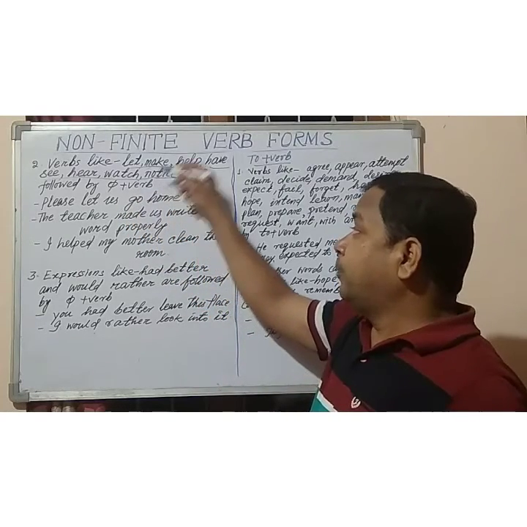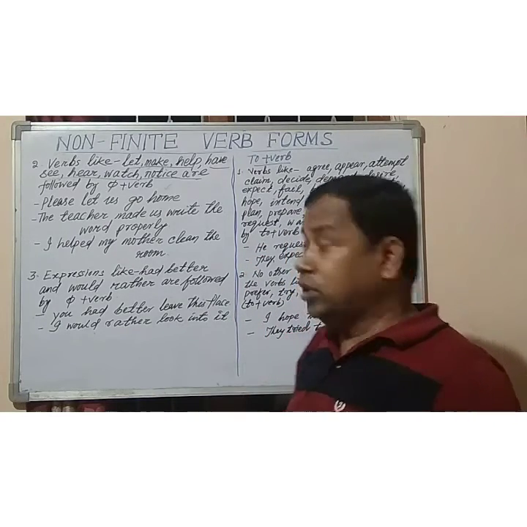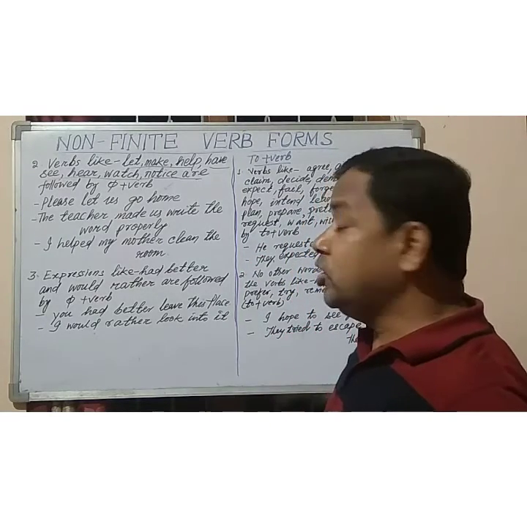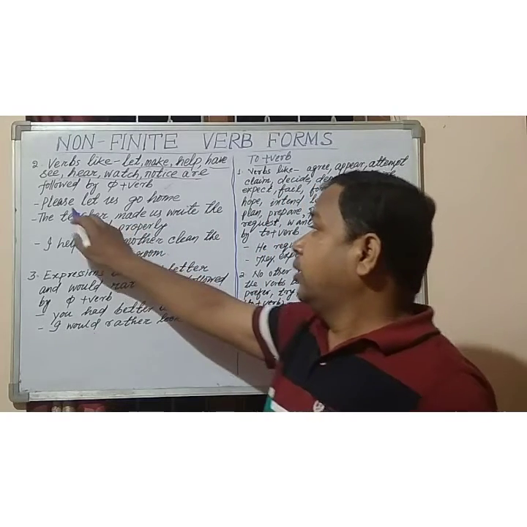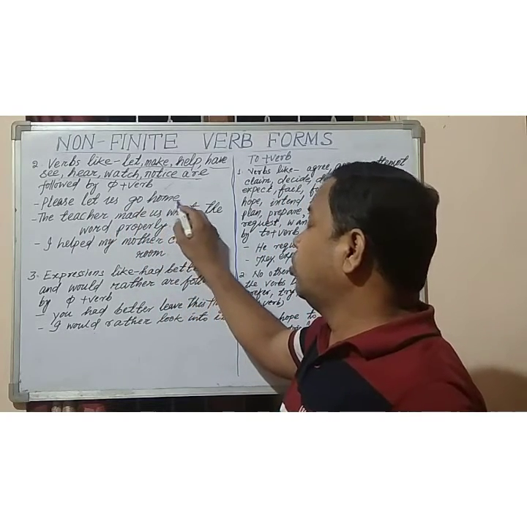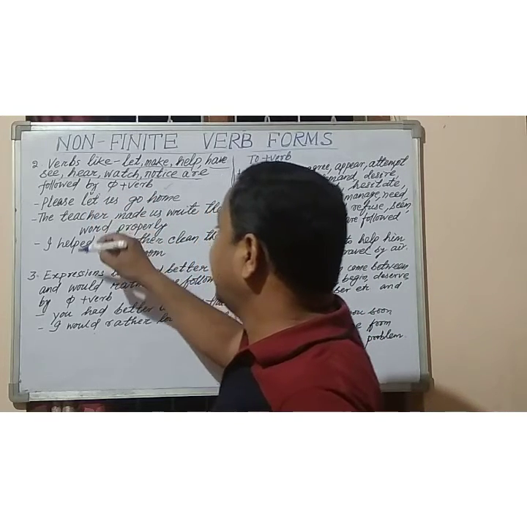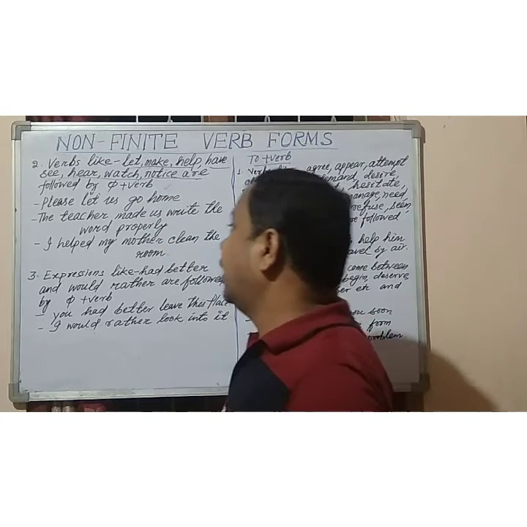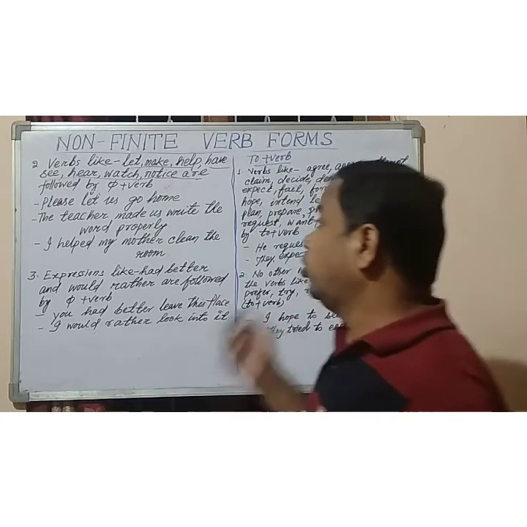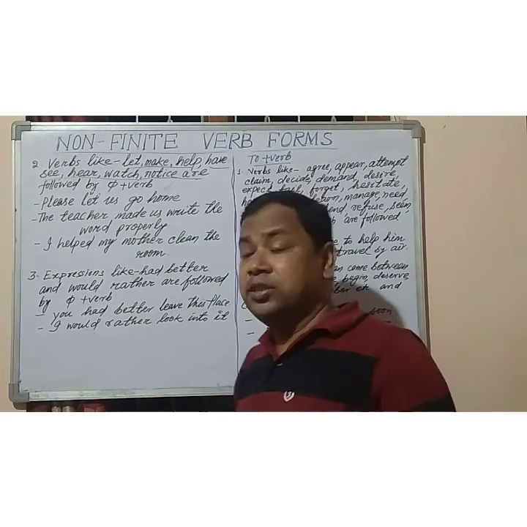That means after these verbs we use only the non-finite verb. You see here, please let us go home. When let is used, go automatically comes without anything. That means null plus verb, where the verb is go.